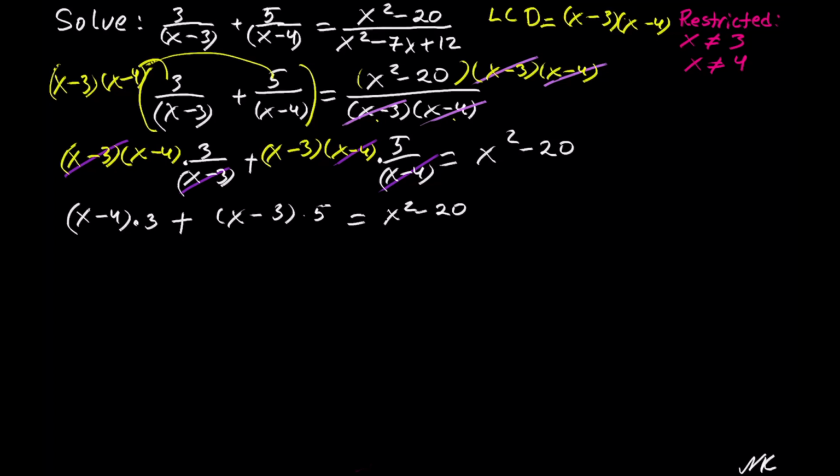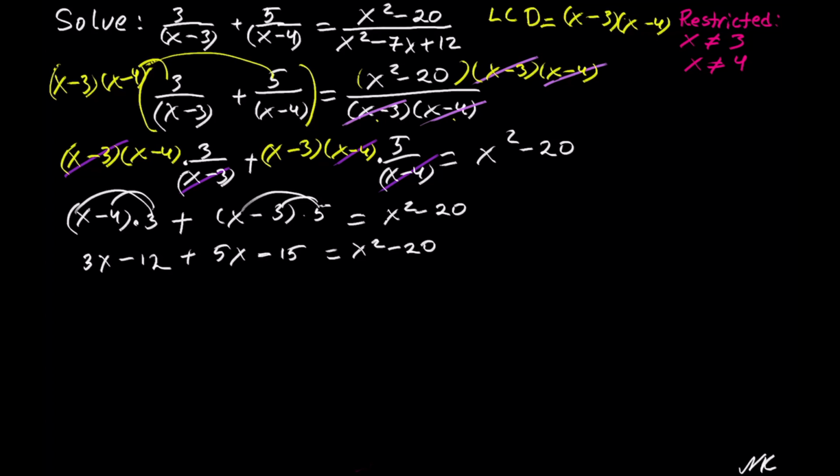Let's simplify both sides. We have x minus 4 times 3. Let's distribute this 3 and get 3 times x as 3x minus 4 times 3 is 12, plus we have x minus 3 times 5. Let's distribute 5, and we get 5 times x is 5x, minus 3 times 5 is 15, and this is equal to x squared minus 20.